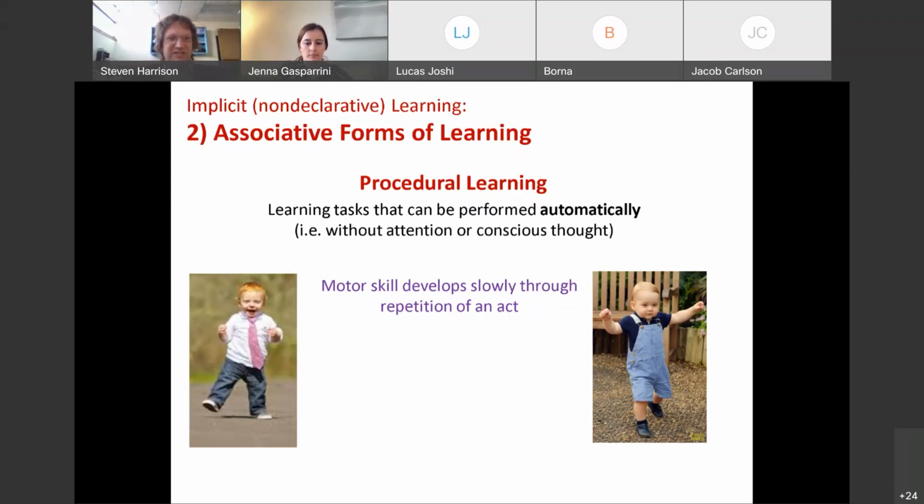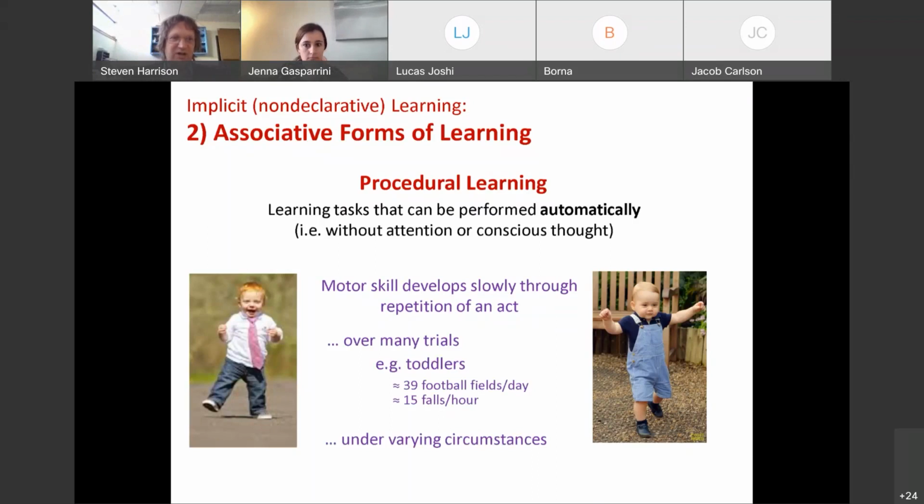A friend of mine studies infant development, and she's collected some wonderful statistics. So motor skill develops through the repetition of an act. So here we have two toddlers similar to my daughter's age, and over many trials, toddlers are going to learn to perform particular actions.